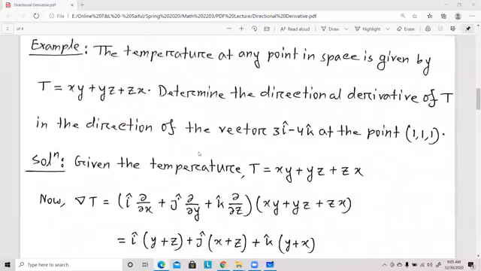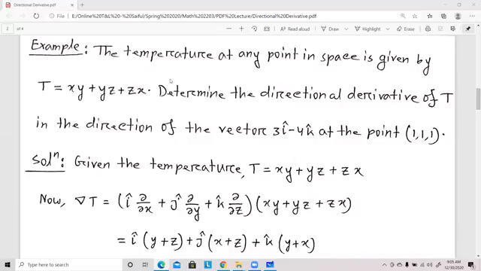And here is given another example, another application: the temperature at any point in space is given by T equal to xy plus yz plus zx. We have to determine the directional derivative of T in the direction of the vector 3i minus 4k at the point (1, 1, 1).